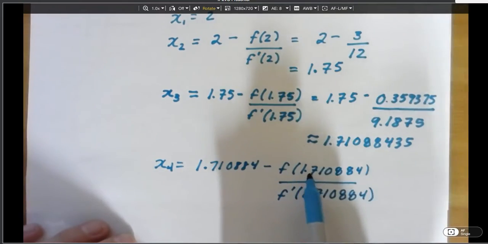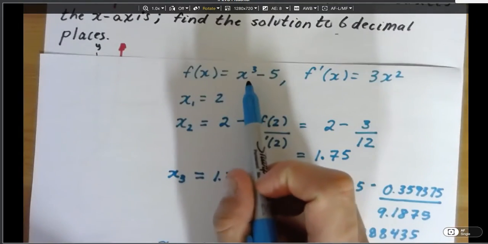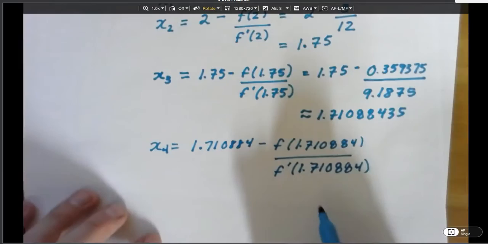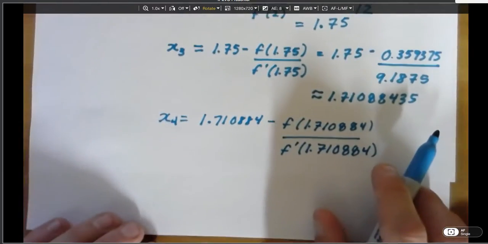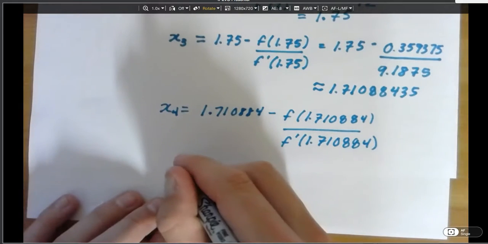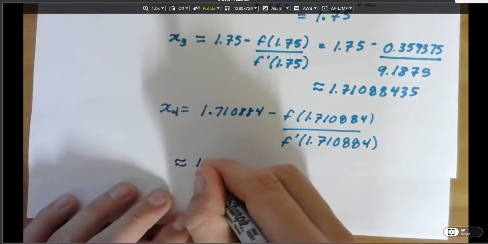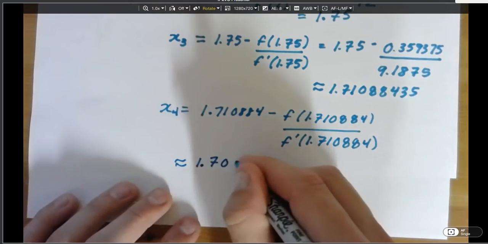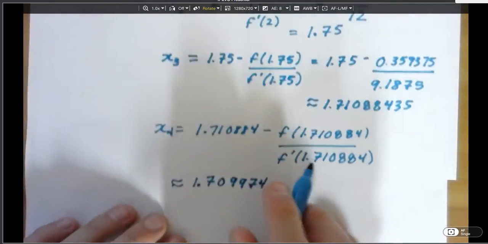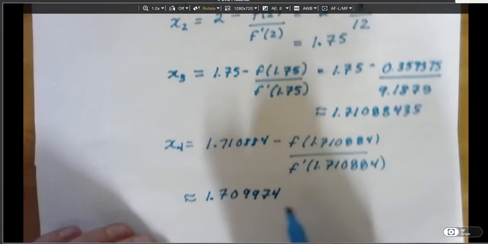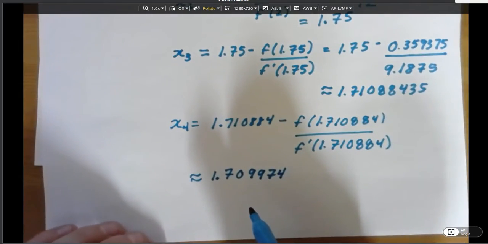I'm plugging this number into the f of x and the same number into the f prime. When I simplify that and use my calculator, I get approximately 1.709974. You can see it's pretty consistent.